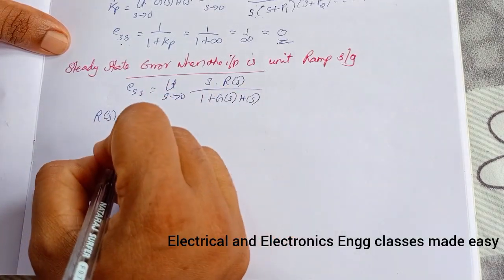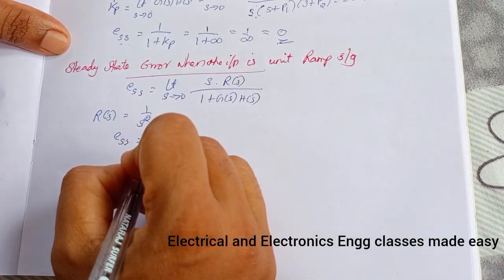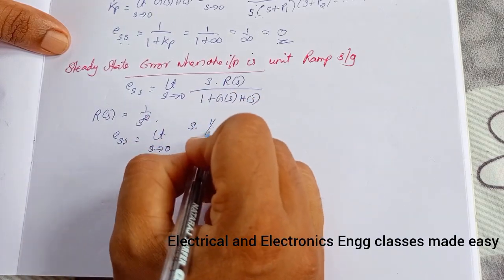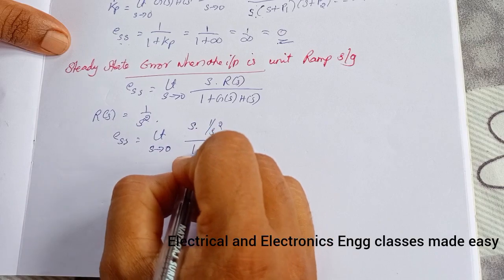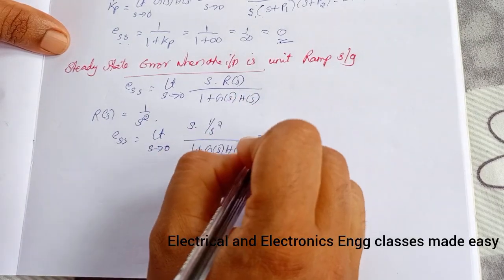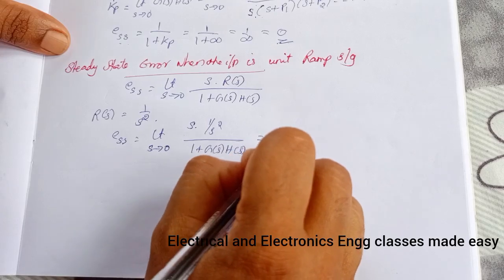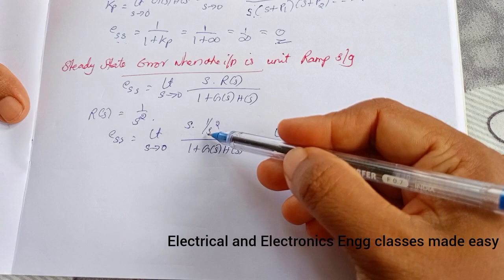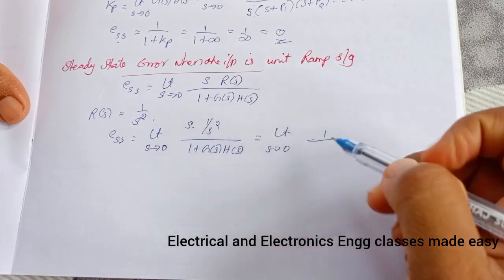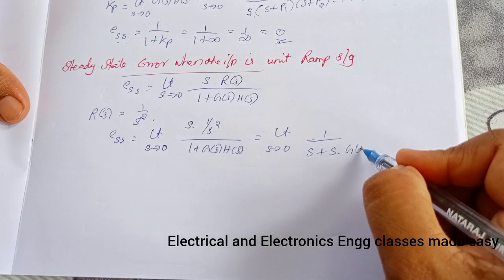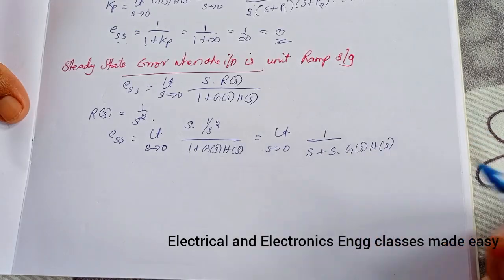So we have ESS equal to limit s tends to 0, s into 1 divided by s square, divided by 1 plus G of s H of s, and that is equal to limit s tends to 0, 1 divided by s plus s into G of s H of s.